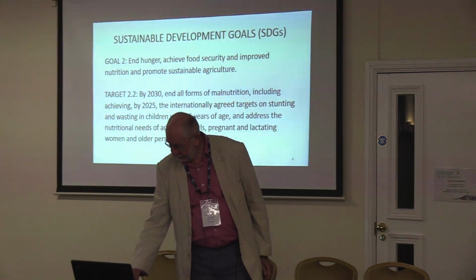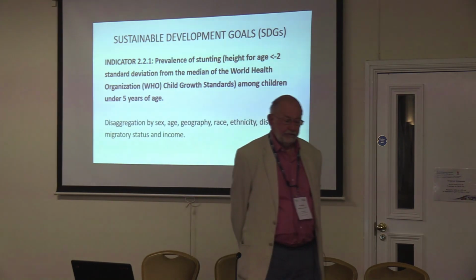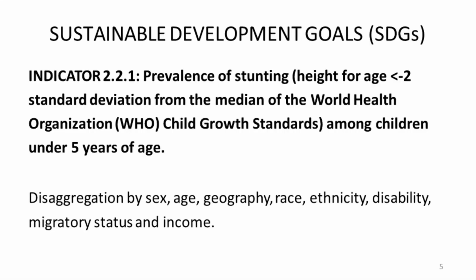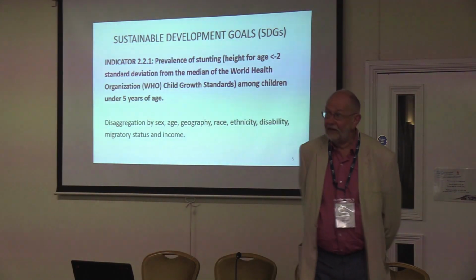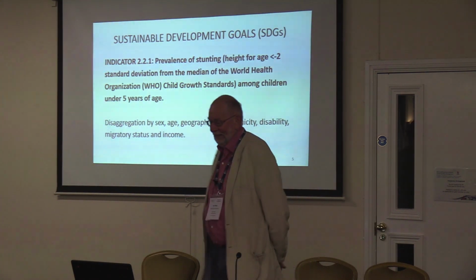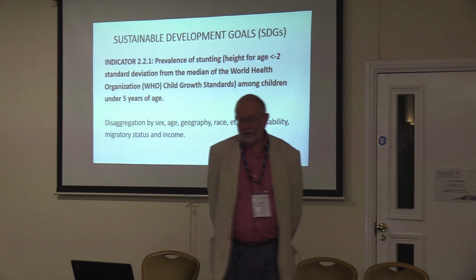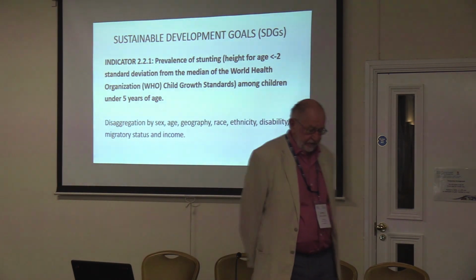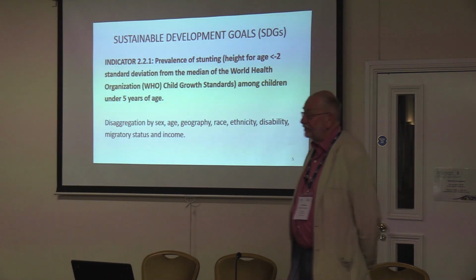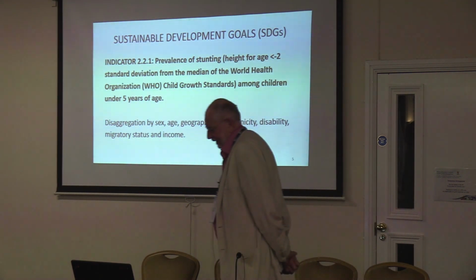What is particularly important for statisticians is that connected to these targets are a very large number of indicators. In fact, over the whole set of the Sustainable Development Goals, there are 244 indicators. And every country in the world is expected to provide data on these indicators. It's an enormous task.